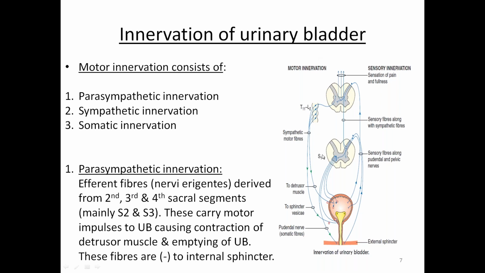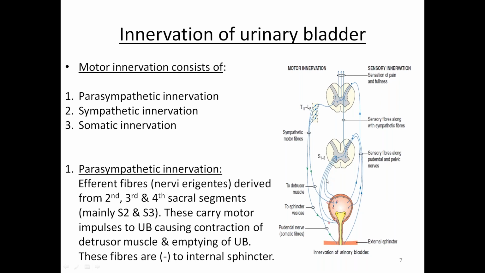So here, the efferent fibers, in case of parasympathetic innervation, are also called the nervi erigentes. They are derived from the second, third, and fourth sacral segments, mainly S2 and S3.